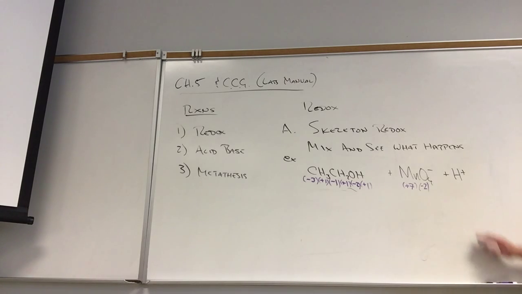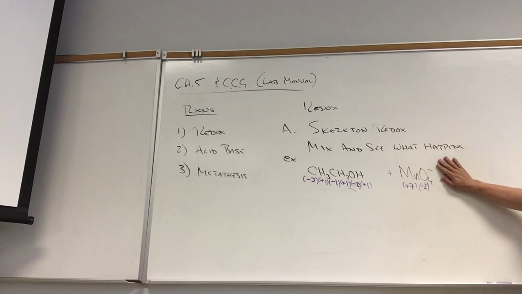Now, if this H plus were absent, would permanganate be as strong of an oxidizer? Would it be equally as strong, or would it be weaker if the H plus were absent?